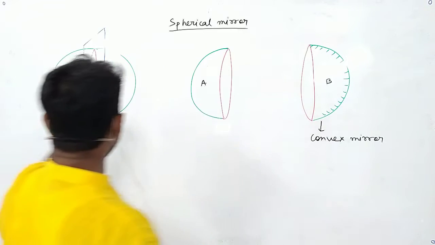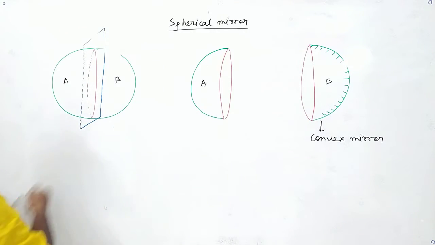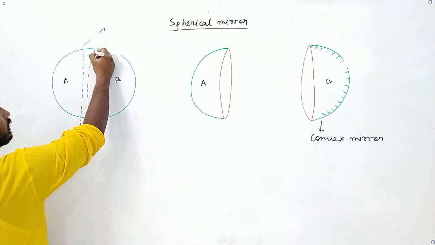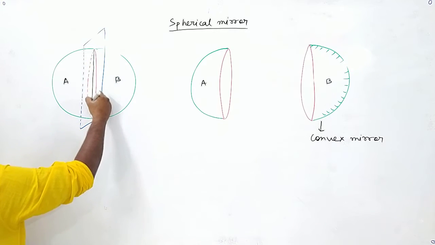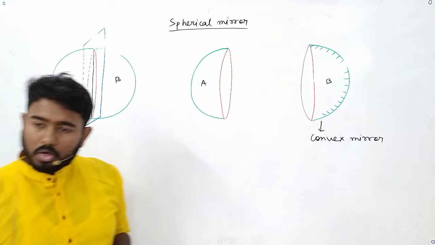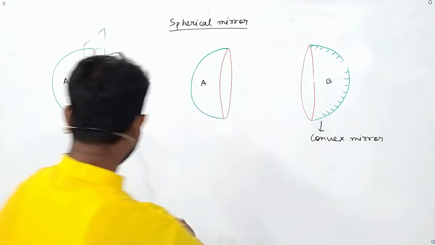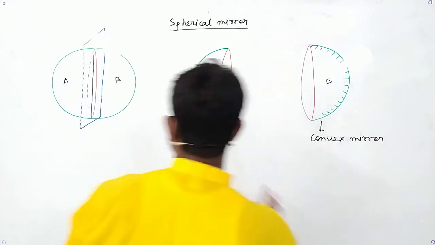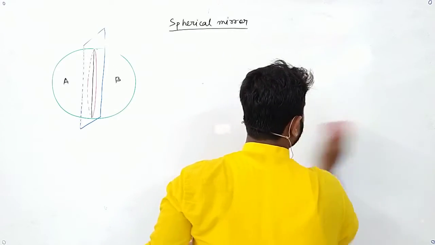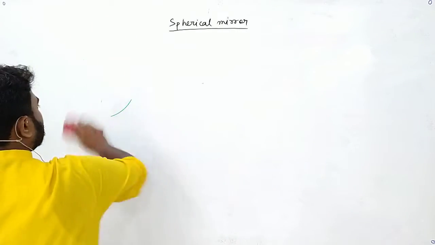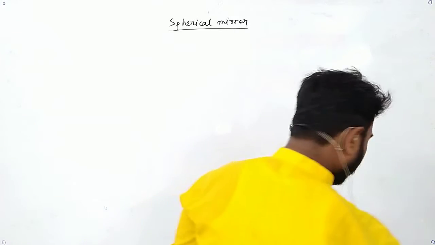Okay, now we have divided it along the diameter. See, this one is the diameter, right? We have divided it along the diameter. What will happen if we don't divide it along the diameter? Suppose this is our spherical shell.